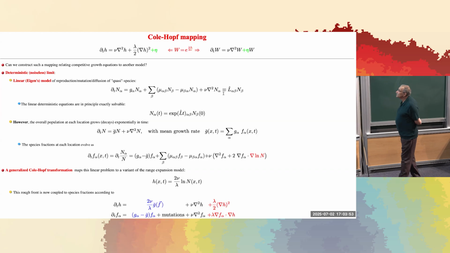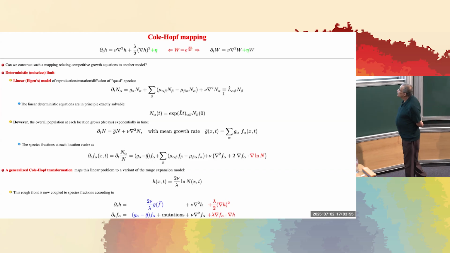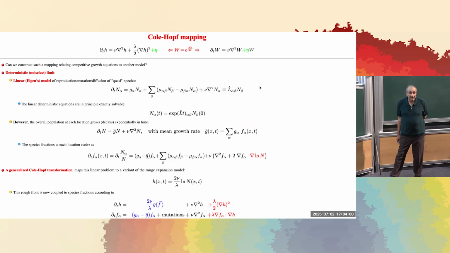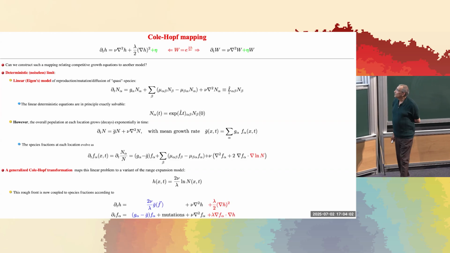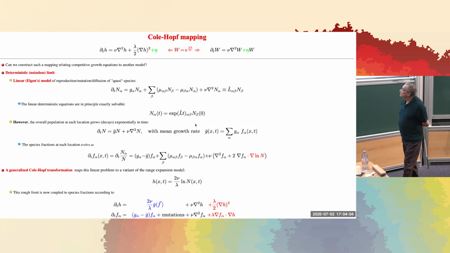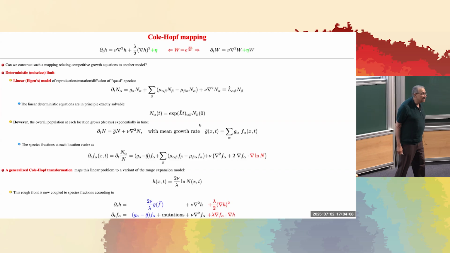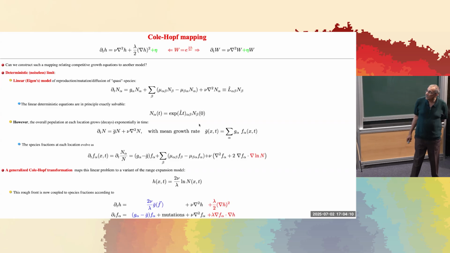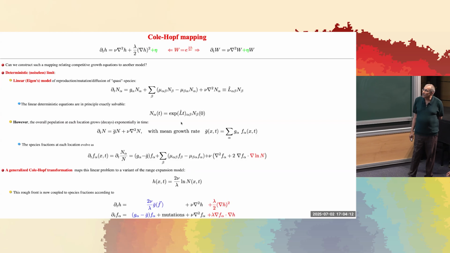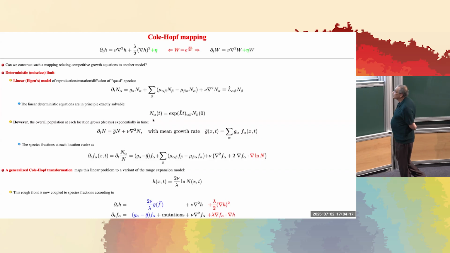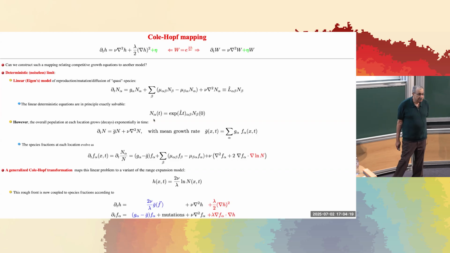Now, this set of equations is very nice on one hand because they are linear equations as I have written. So there is some linear operator, and I can start with some initial distribution of these species over space, and then through the exponential of this linear operator, I can find out what their number is at some later time.